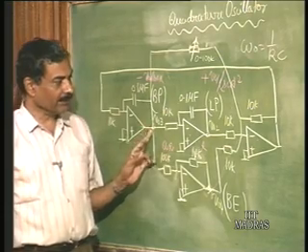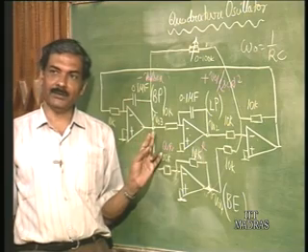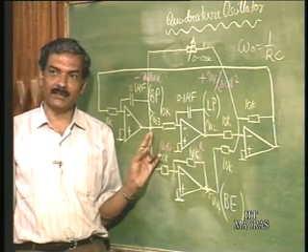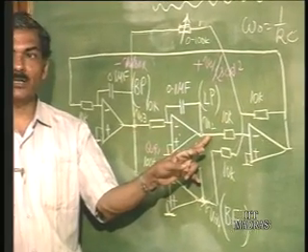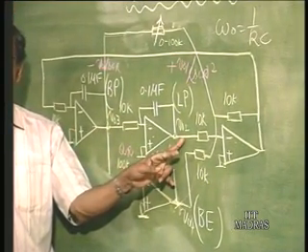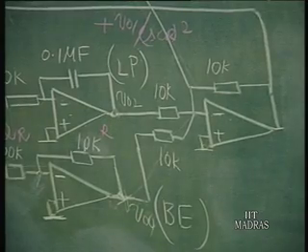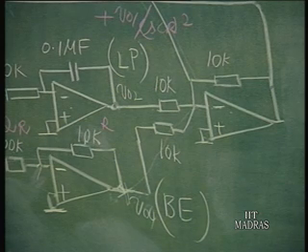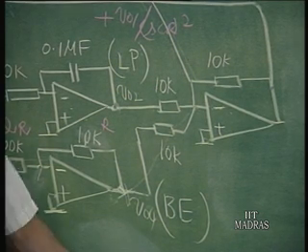And when it oscillates, this amplitude is going to be the same as this amplitude, but a phase difference of 90 degrees is going to be seen between these two outputs. That is why it is called a quadrature oscillator. The phase shift is 90 degrees. So, it is quite useful in communication, where you want to generate two outputs in quadrature. This can be seen now.